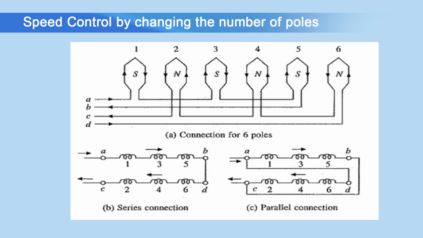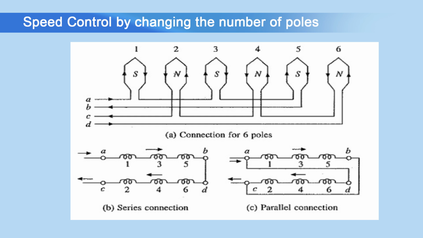Now everything is same. We are having 6 coils, but this time what game we are playing? Just see the diagram. The direction of flow of current in these 6 coils is such that this time we are creating 12 poles.